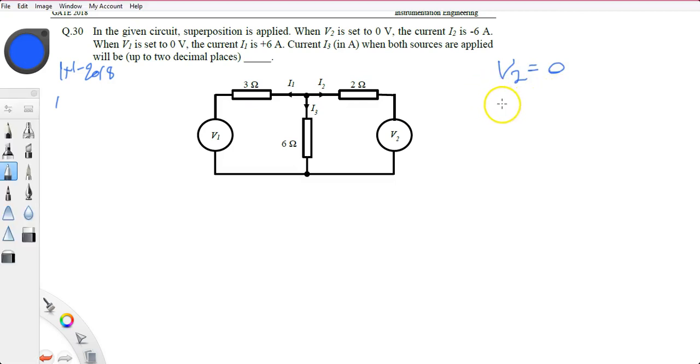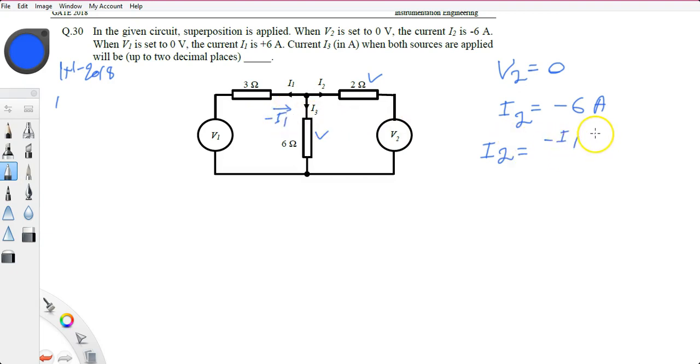So we have I2 equal to minus 6 ampere. You see the directions. V2 is 0 in this case, so this 6 ohm and 2 ohm are in parallel. I2 is equal to minus of I1, because if this is I1, this current will be minus of I1.